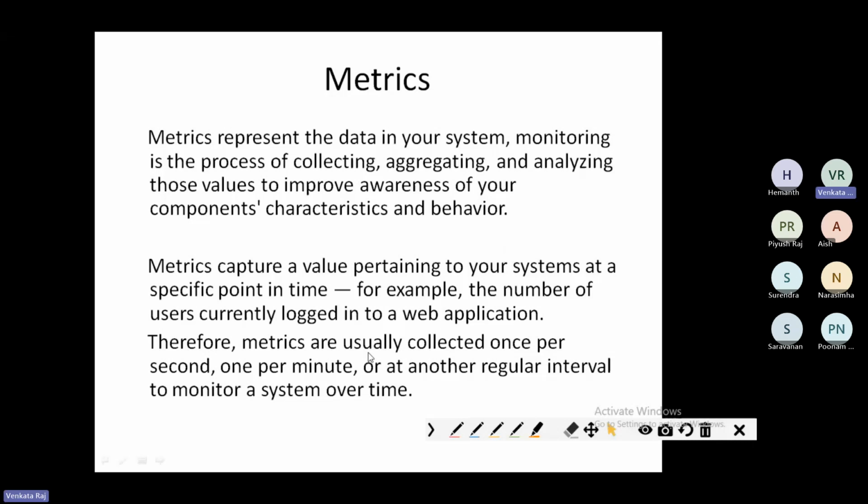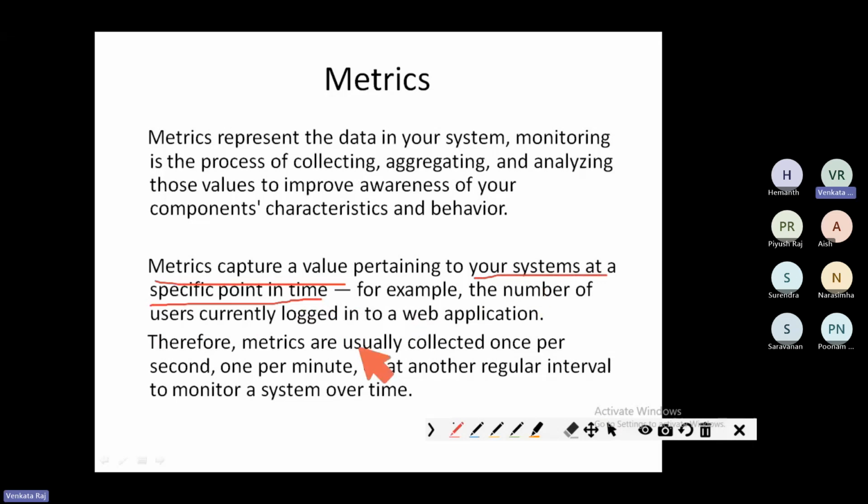Now, the metrics capture a value related to our system. But guys, this is very, very important: at a specific point in time. At that particular point of time, what was the metric? For example, your CPU utilization will vary across different times, or the number of users accessing the application in production will vary from time to time.